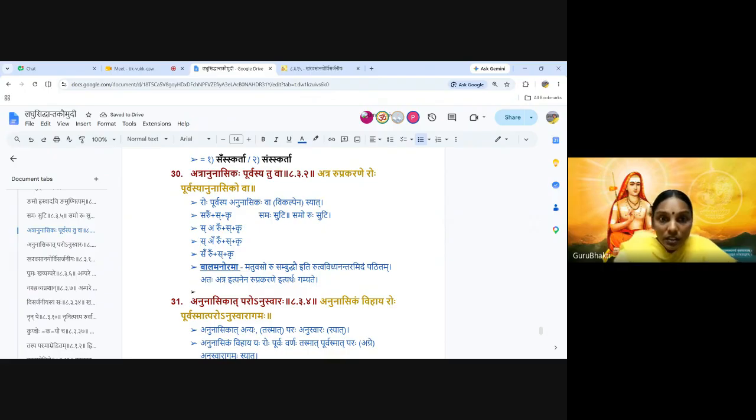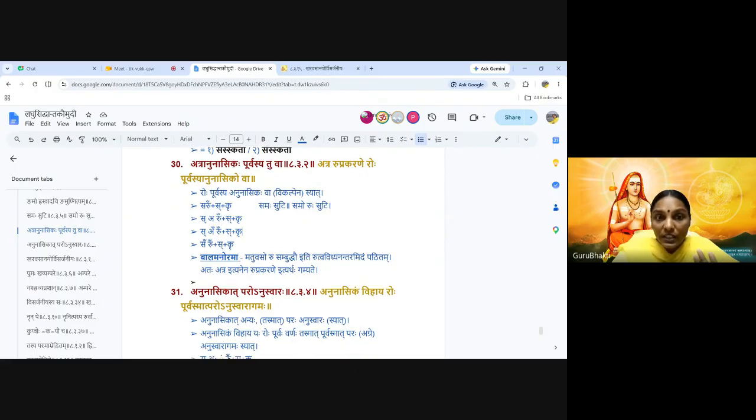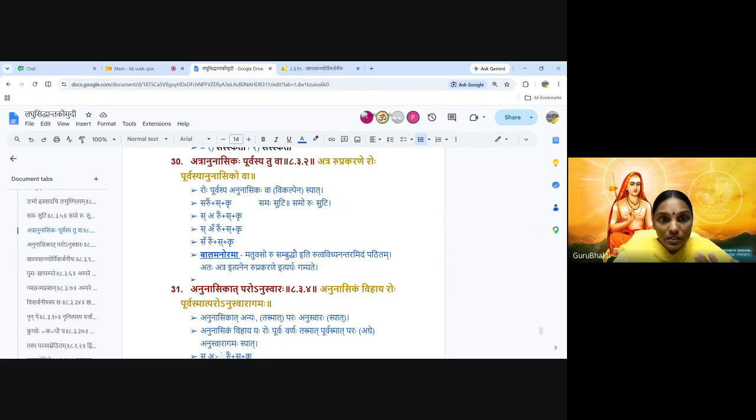Before refa, whatever is there, it will get anunasika optionally. So we replaced this akara with anunasika akara. Sa, a, ru, sa, kru. This is the form we got with this sutra.